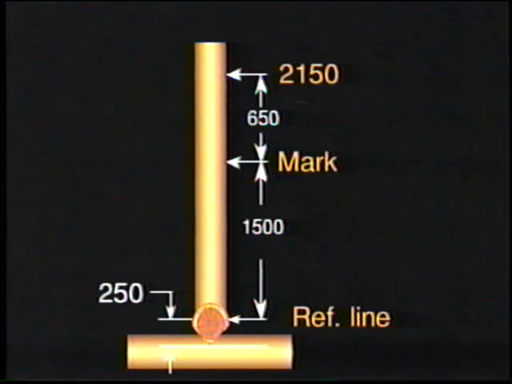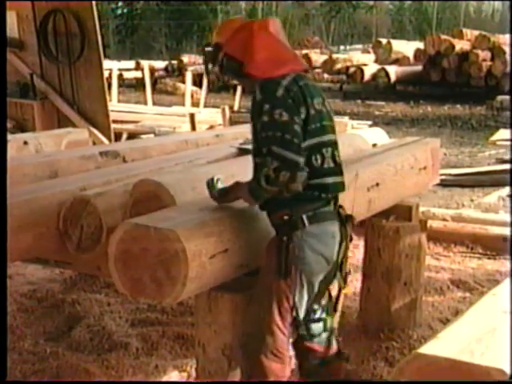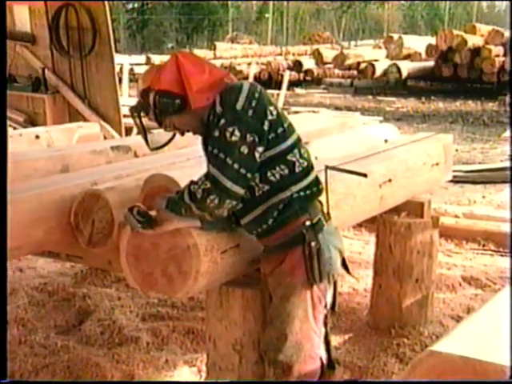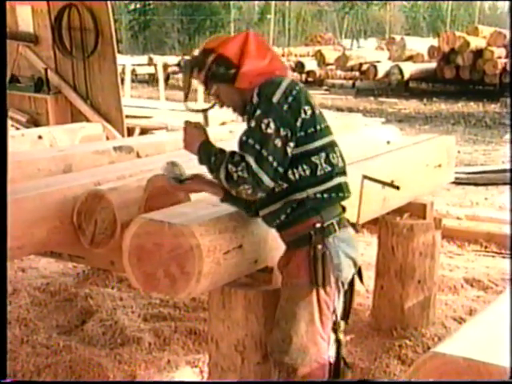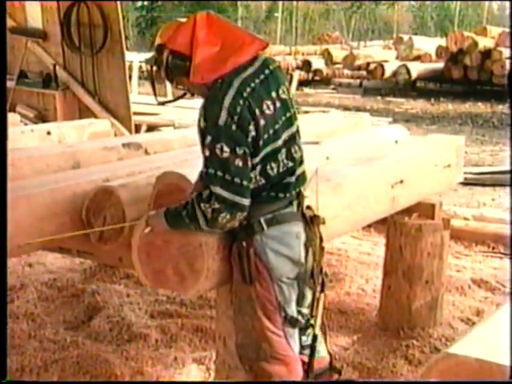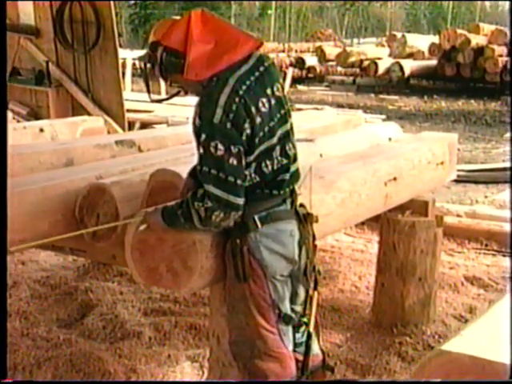If the reference line is 250 millimeters from the apex of the ridge and the flat on the cap log is 100 millimeters above the plate line, then the length of the post will be 2,500 millimeters less 350 millimeters, or 2150 millimeters long.